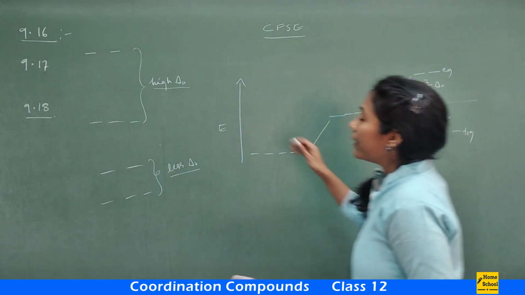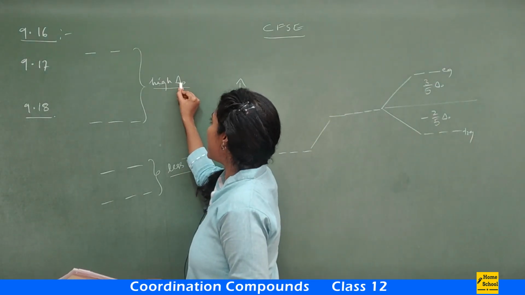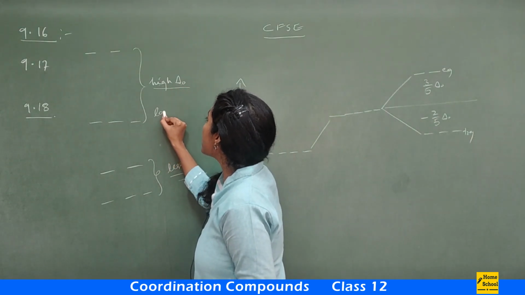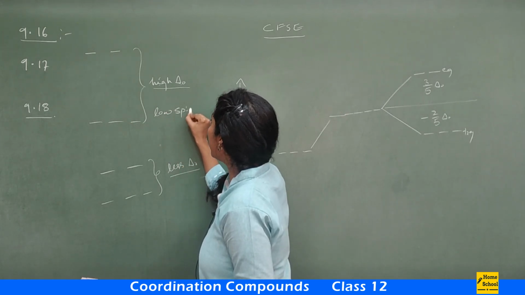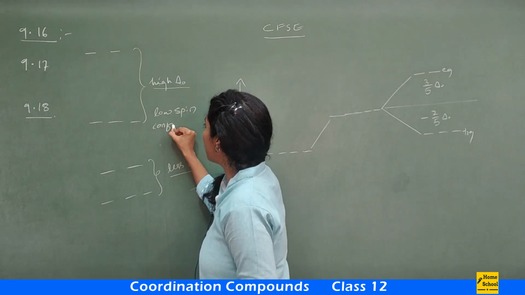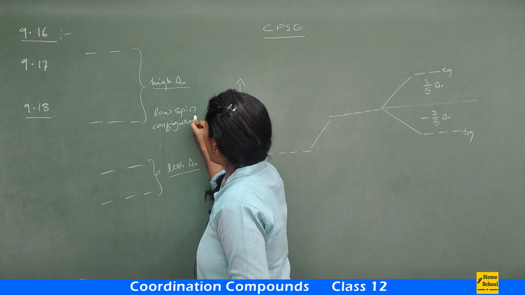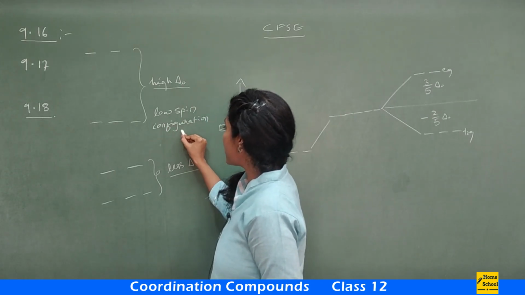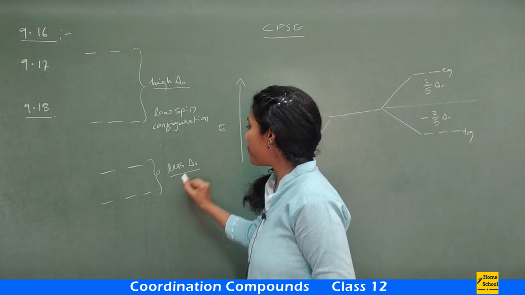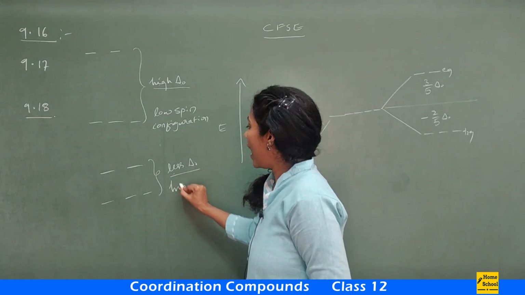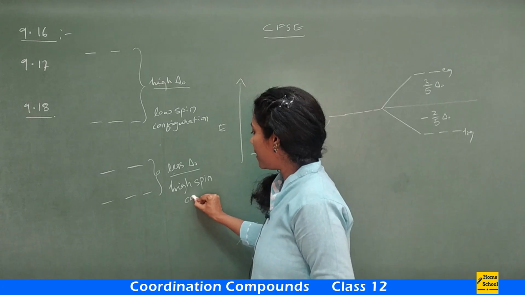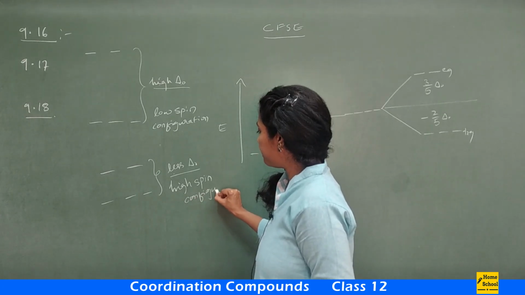See, if you have high CFSE, it leads to the formation of low spin complexes. Low spin configuration is observed. When you have less CFSE, high spin configuration is observed.